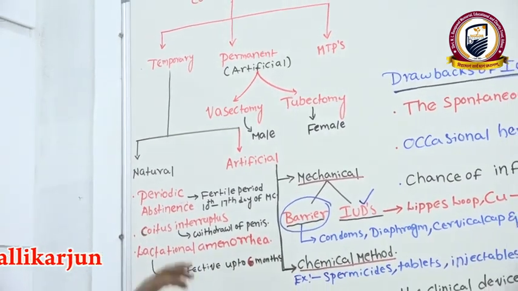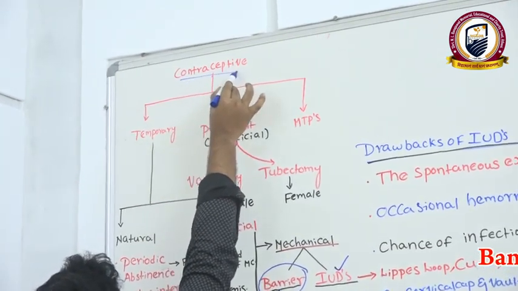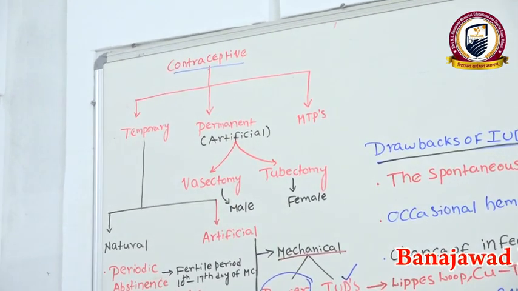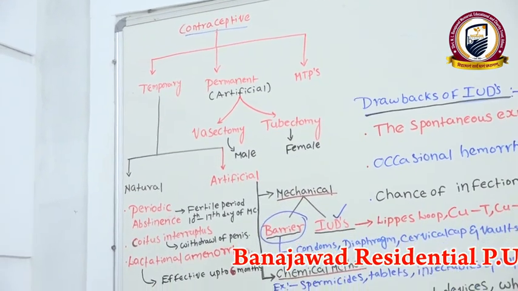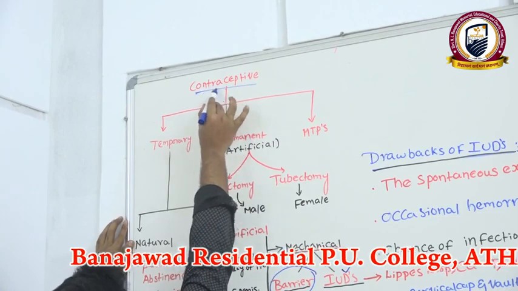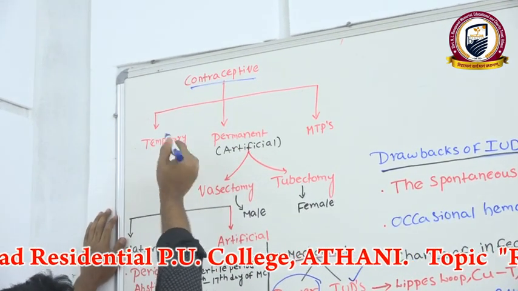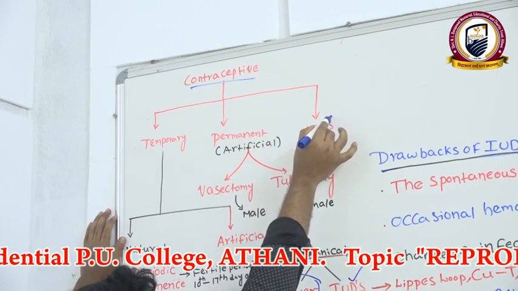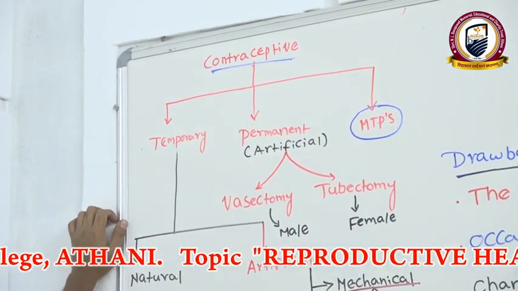Clear? Now you already know what contraceptives, contraceptive methods and contraception are. In the contraceptive methods we are categorized mainly into two types, and one more is extra that we are discussing here under the category of contraceptives, that is MTP.